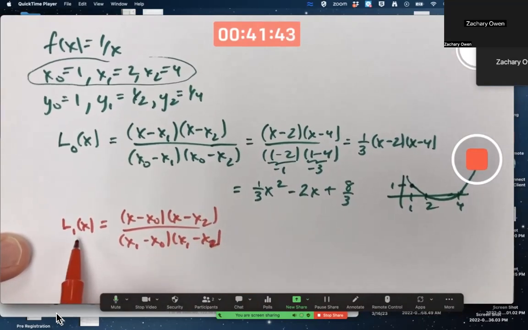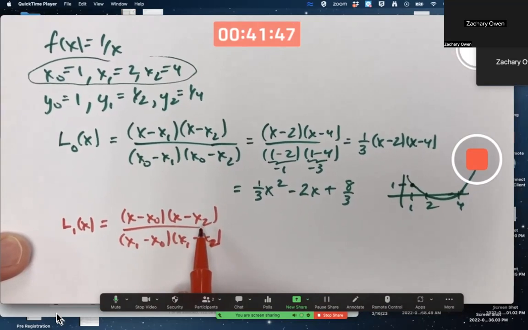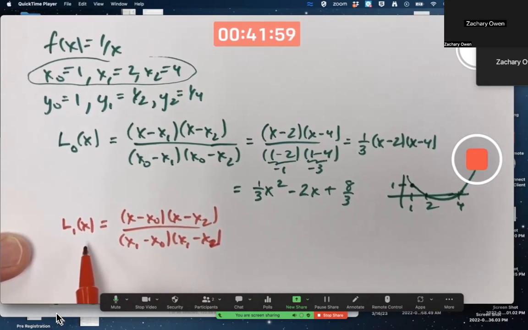Whatever the subscript is, that's the subscript that's missing in the top. And it's the subscript that is the first term in each factor of the bottom. Keep in mind, this is going to be 1 when x equals x1 and 0 when x equals the other nodes, x0 and x2.